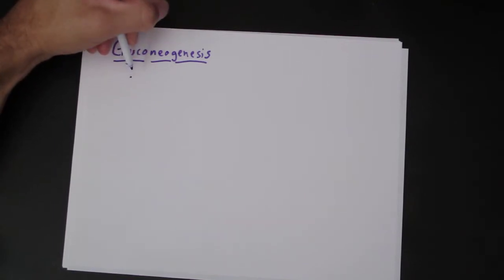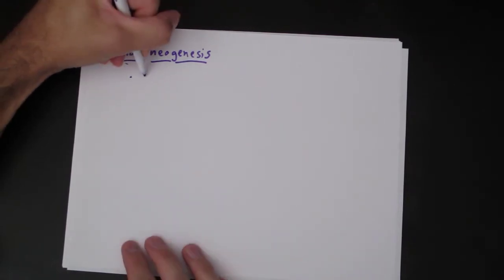So gluconeogenesis is literally the creation of new sugar. One of the problems that we face in metabolism is that we do use a lot of glucose. I spent a little bit of time in the last lecture talking about the importance of fats in our lives, but glucose is still a really important substrate.